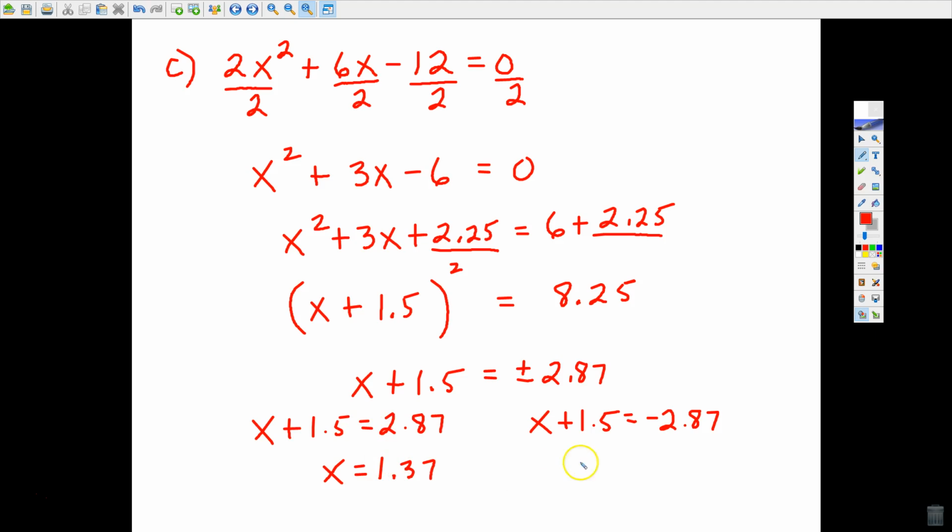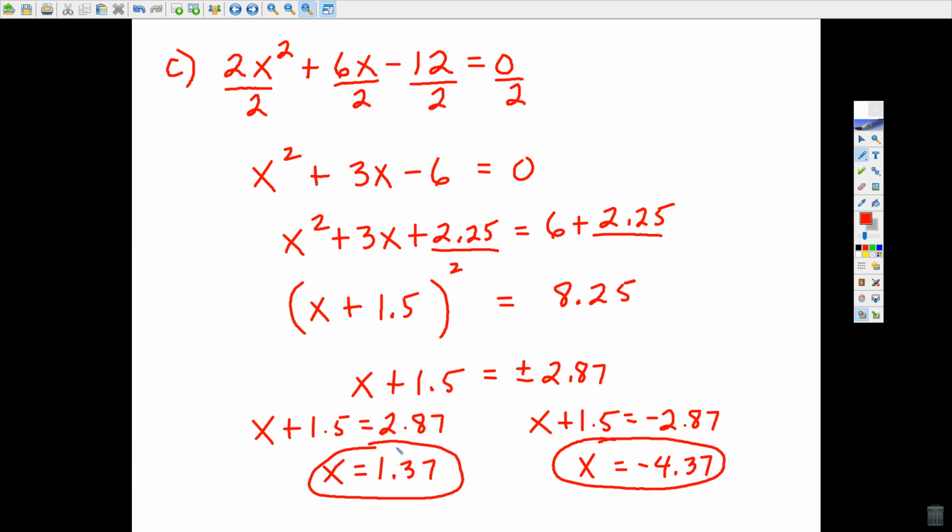Over here we're going to do negative 1.5 minus 2.87, or the other way around, negative 2.87 minus 1.5, negative 4.37. And those represent our two solutions. Okay, very good.